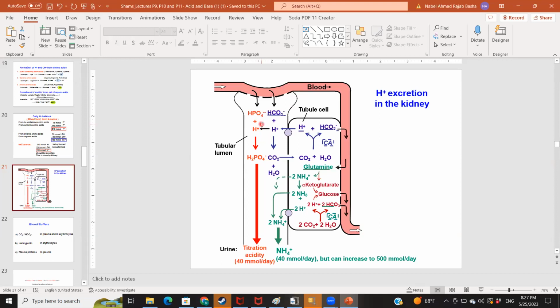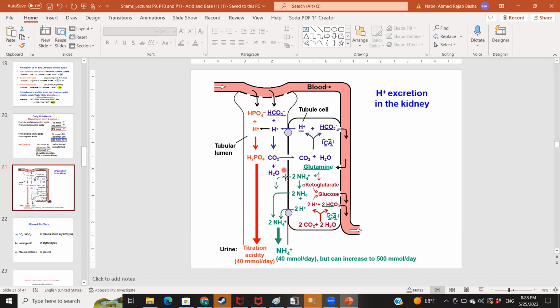And buffers in the urine are of two types, phosphates and ammonia. So as you can see here, we have hydrogen phosphate. It will bind to hydrogen and form dihydrogen phosphate. So this is how we buffer hydrogen, and we will prevent the sharp decrease in pH. We will prevent urine from becoming acidotic.